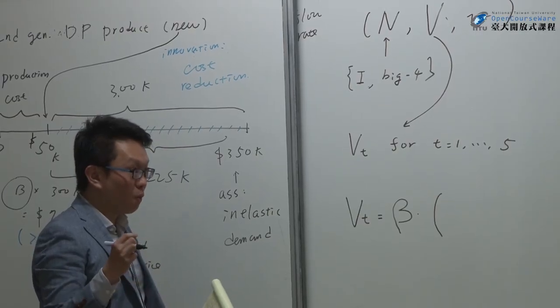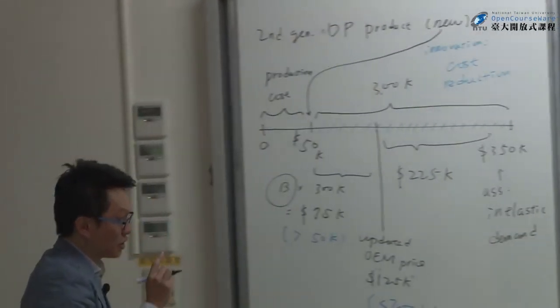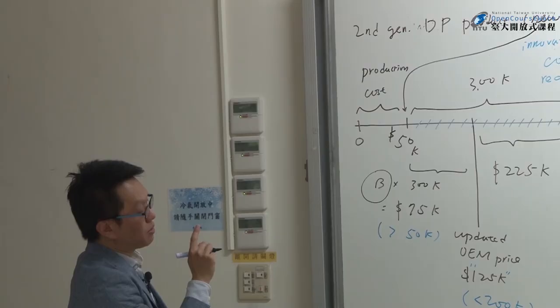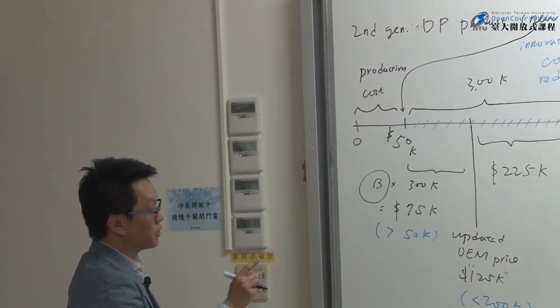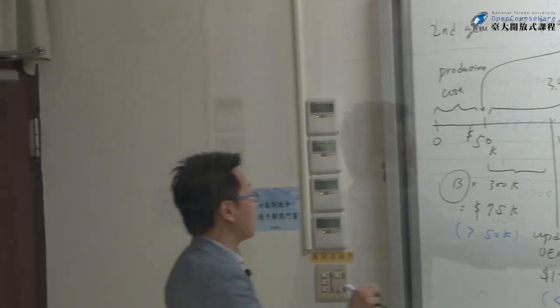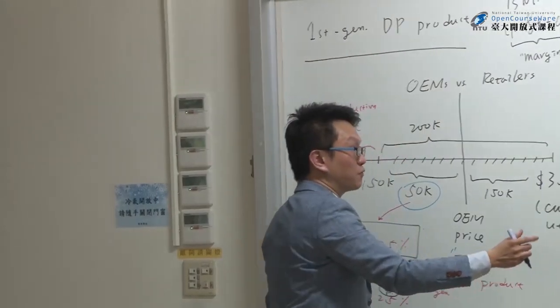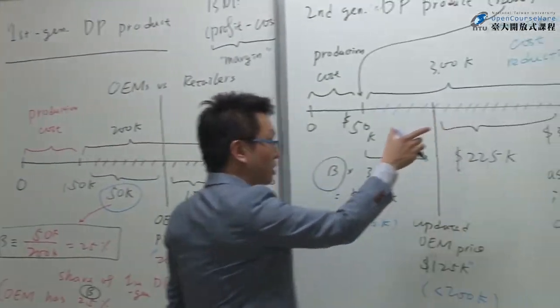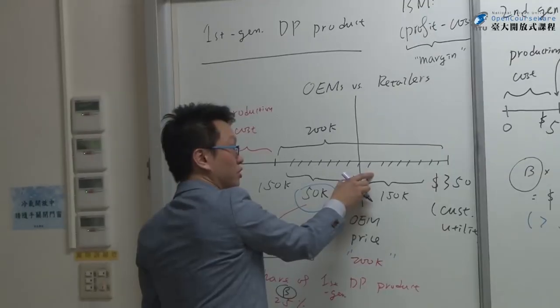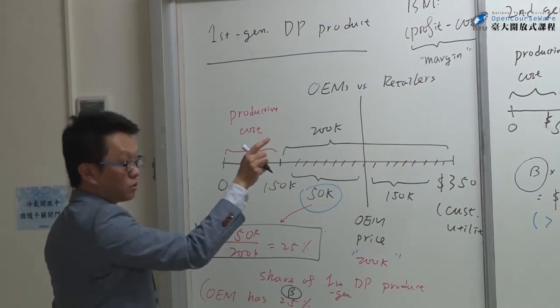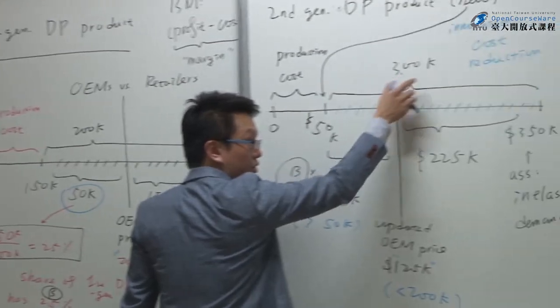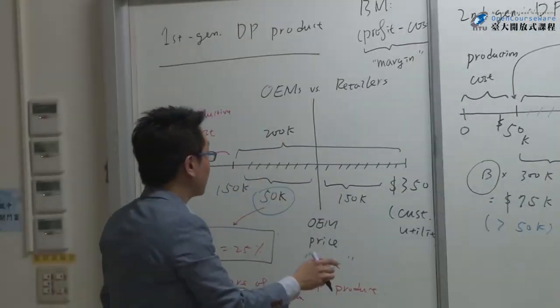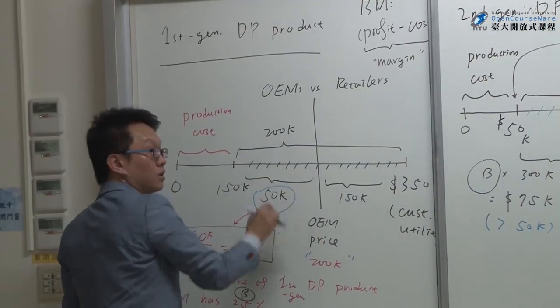So now I want to make a way to calculate the big V. The capital V is the highest value for all the players to play together. And I already know the value creation from the second generation is much larger than the first generation. The second generation product has 300K value generated. The first generation product is only 200K.